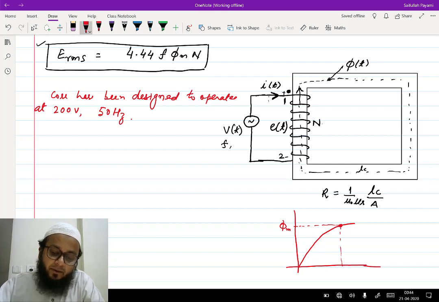Whatever voltage I apply, 200 volt, the same voltage will appear here, and KVL should be balanced, so the same voltage appears across terminals 1 and 2.